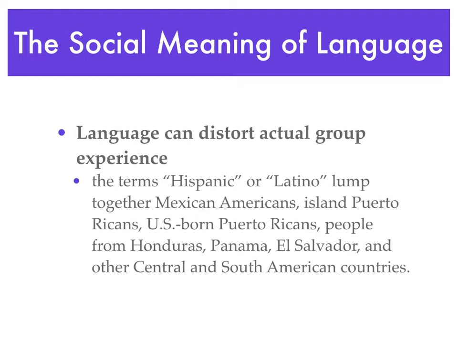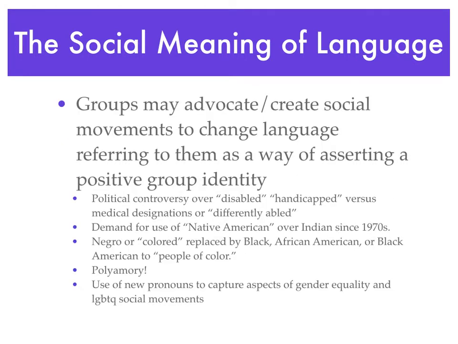And that's really unfortunate. There's also ways that it's interesting to look at how groups sometimes advocate or create social movements around language, that they're trying to change the way we use language or symbols of language. So, for example, political controversies over whether we call someone disabled or handicapped versus medical designations, like what do they actually really have, or do we call them differently abled?